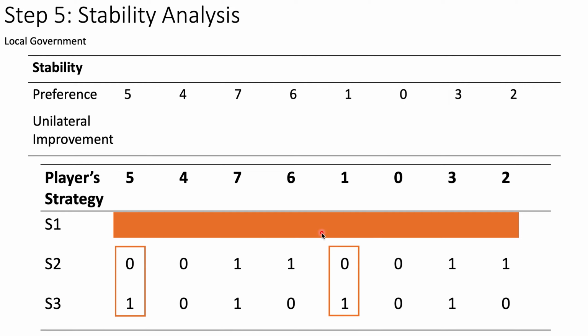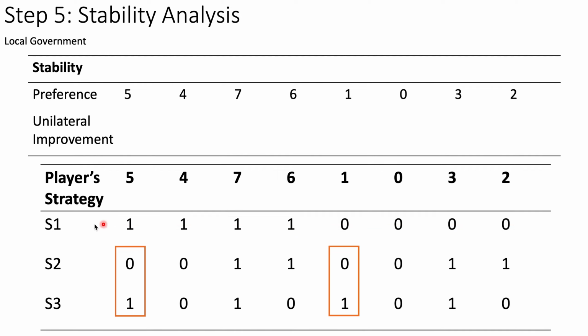After this, we open the row again and choose: is it better for us as local government to see scenario 5 or scenario 1? Of course, we would prefer scenario 5 because in scenario 5 we actually implement our policy. So for scenario 5, we don't have a unilateral improvement. You do the same thing for 4, 7, and 6, and so on.